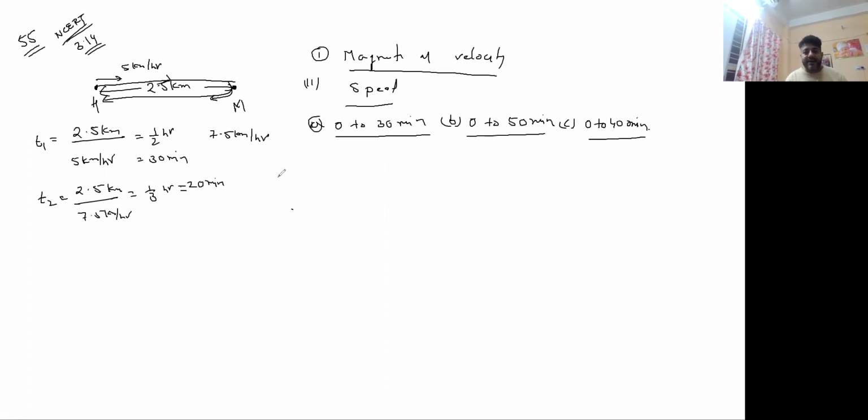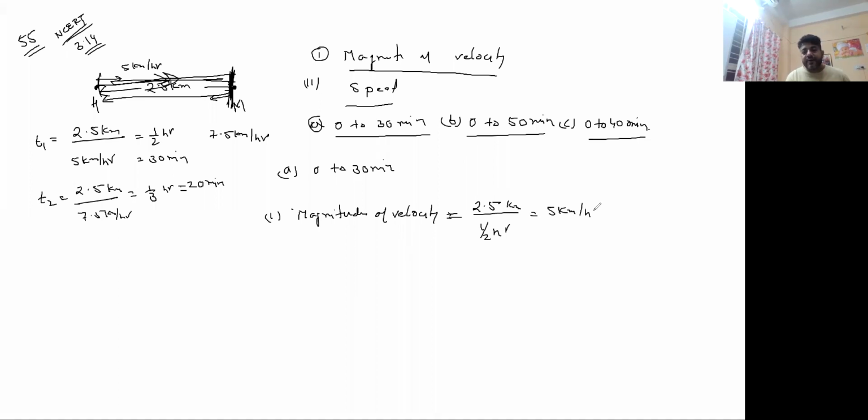तुम्हें ये दोनों चीज मिल गया। अब हम लिखना है, देखो फर्स्ट वन कि फॉर 0 to 30 मिनट, नंबर वन है magnitude of velocity। वेलोसिटी का डेफिनेशन क्या है? वेलोसिटी का डेफिनेशन है डिस्प्लेसमेंट ट्रैवल बाय द पार्टिकल बाय द टाइम। तो यहाँ से यहाँ गया, 30 में रिटर्न नहीं आया, 30 में यहाँ पे पहुंचा है। सो डिस्प्लेसमेंट इज 2.5 एंड द टाइम इज हाफ एन आवर। सो 5 किलोमीटर पर आवर। What is the number 2?